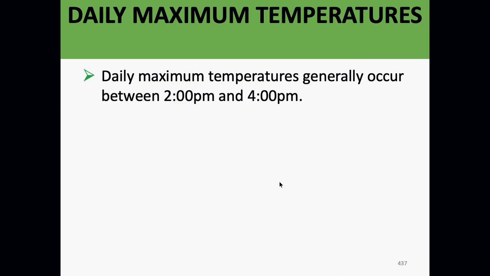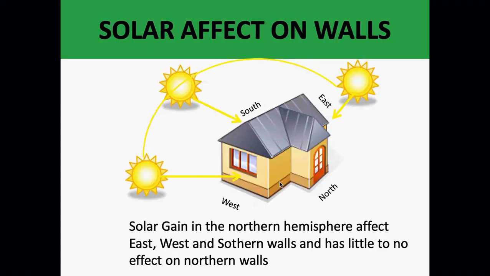So I'm going to go for the daily maximum temperatures. We've talked about solar gain. We've talked about where we hit the solar gain. Okay, sun starts coming up in the west, it's going to start hitting my west wall, but that isn't going to be my peak solar gain, because it's just coming up. The sun's not high in the sky at the west.